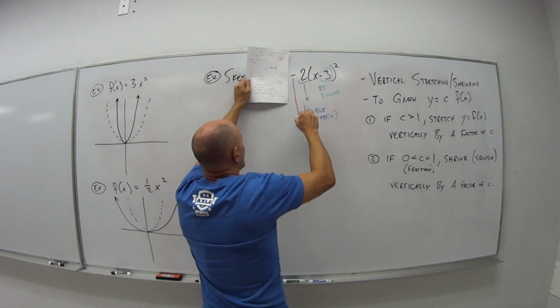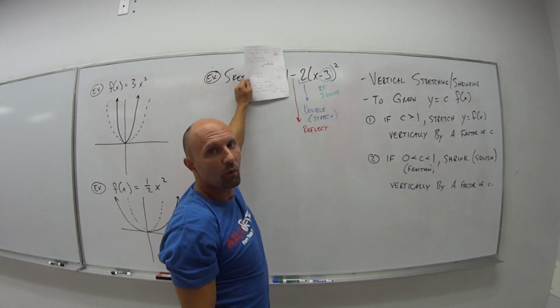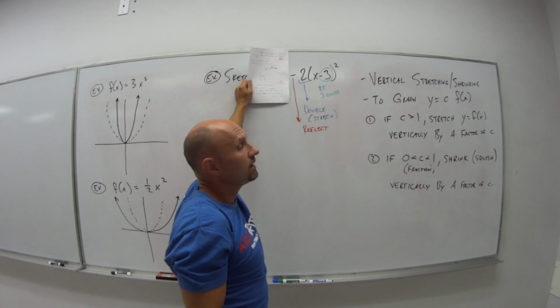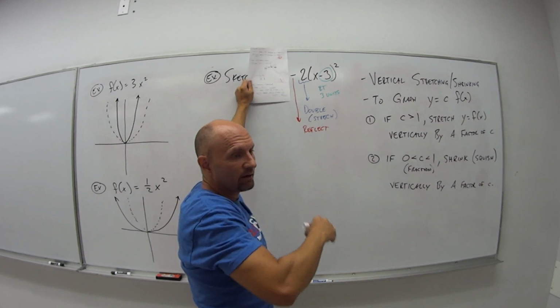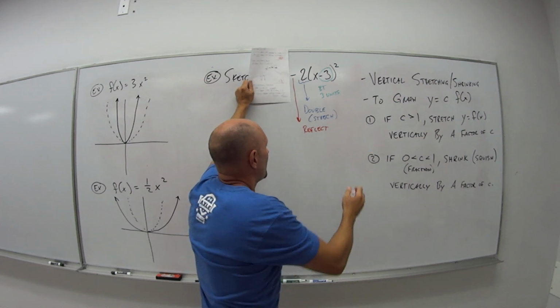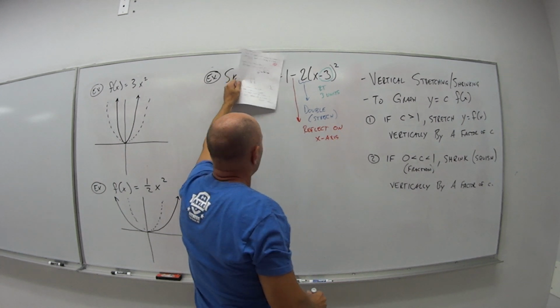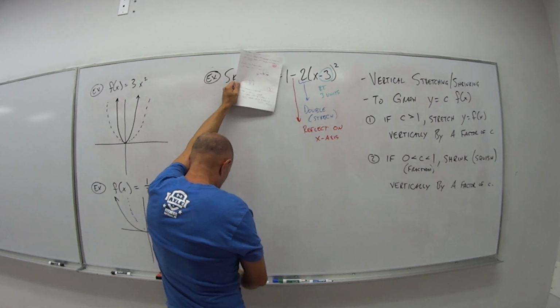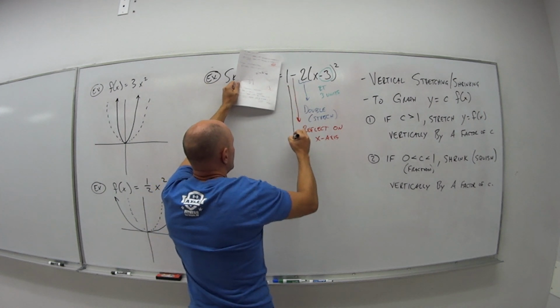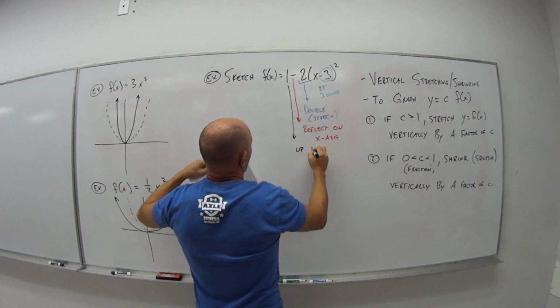The minus sign means I'm going to reflect it, but am I reflecting it on the x or on the y-axis? Well, the negative sign is outside of the function, so that means outside is my x-axis. So reflect on the x-axis. And then lastly, I have the 1. This means my vertical shift, so that's up 1 unit.